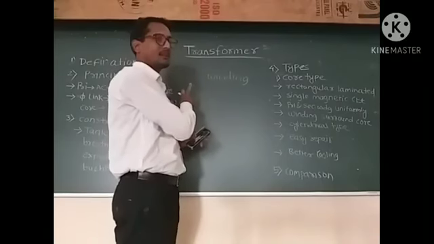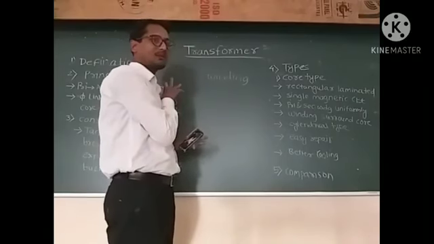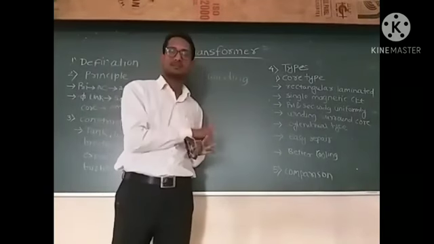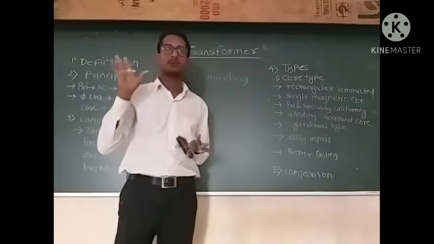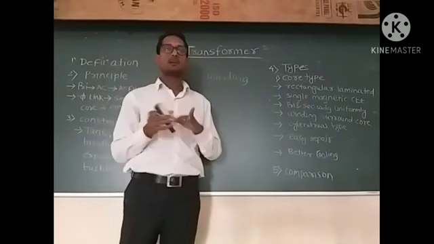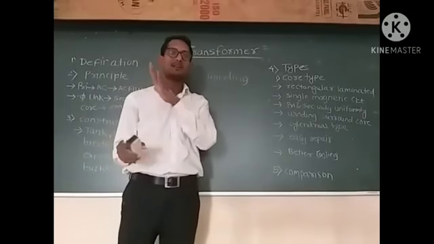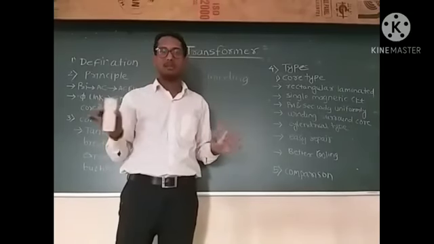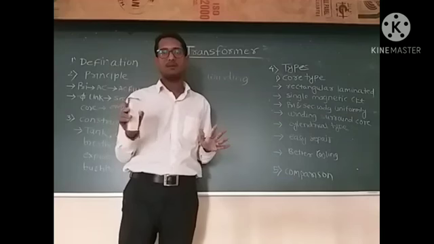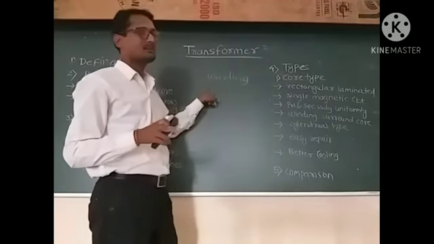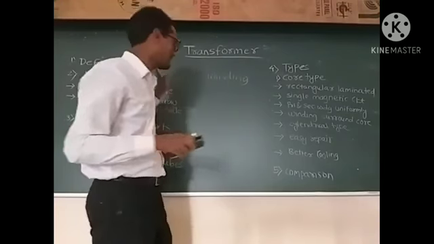The material used for the transformer winding is pure copper. If the winding is removed from the transformer, it has no meaning. The transformer winding is the major part of the transformer.